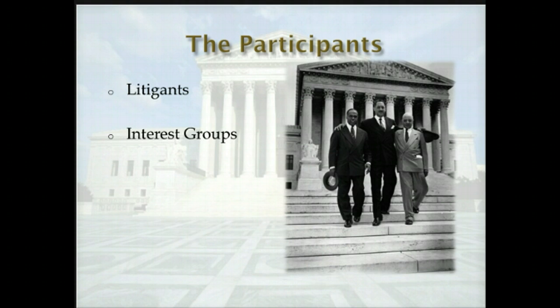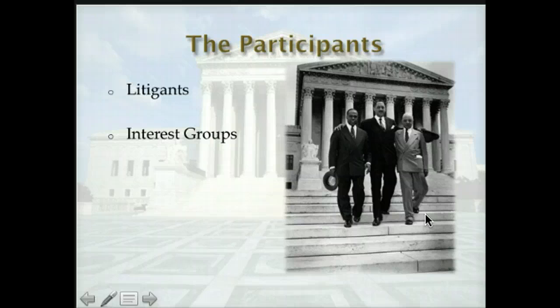But what they do is they hire lawyers to take on a case, or argue a case on behalf of somebody who they believe, if they win that case, that interest group's interest would be advanced. Like, here you go, Thurgood Marshall and Oliver Hill were hired by the NAACP to argue Brown v. Board, because if Brown v. Board was won on behalf of Brown, then the NAACP's policy would be advanced.